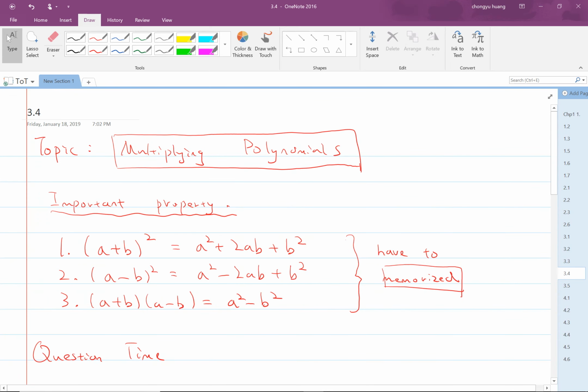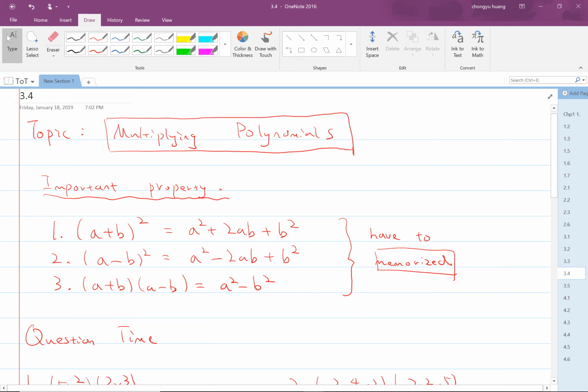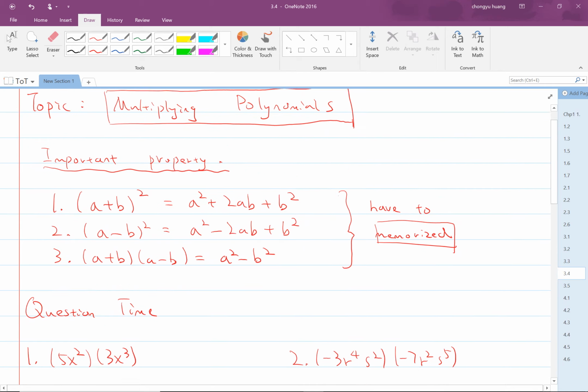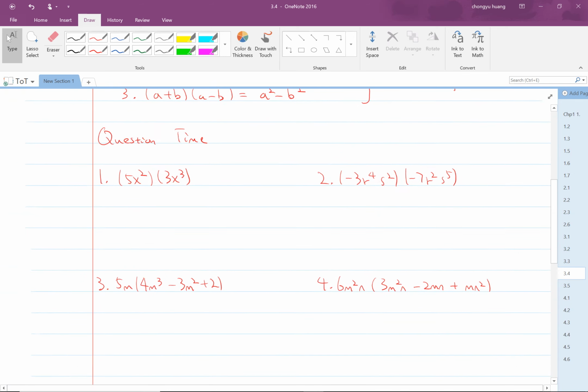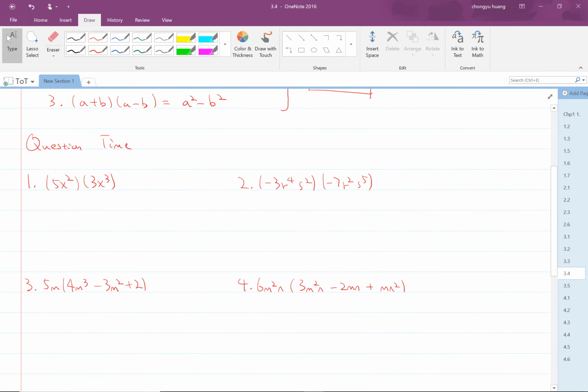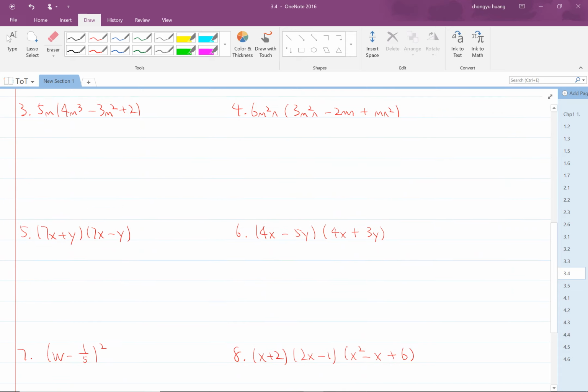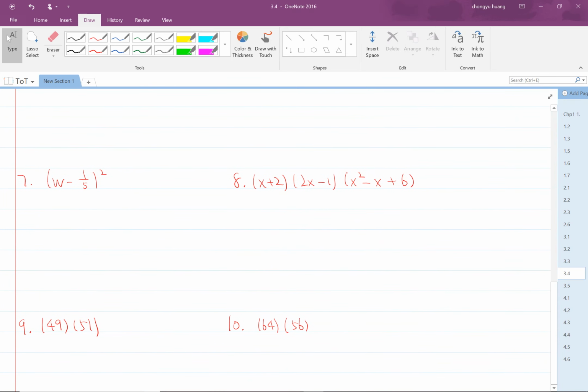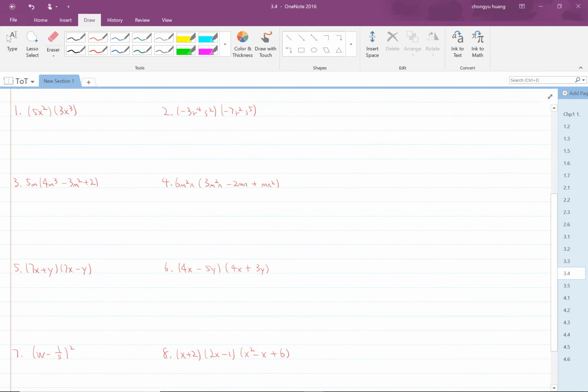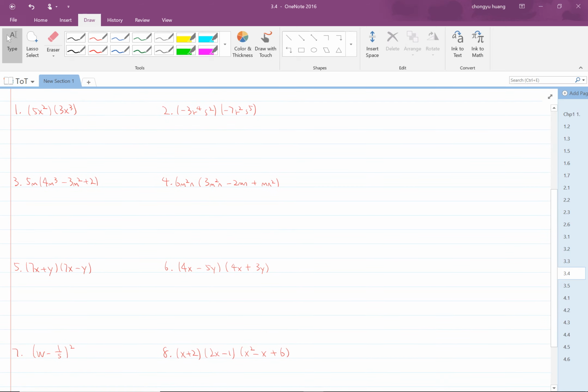So that's the important properties I wanted to cover for multiplying polynomials. Now let's do the questions. It's question time. I think we have 10 questions in total.